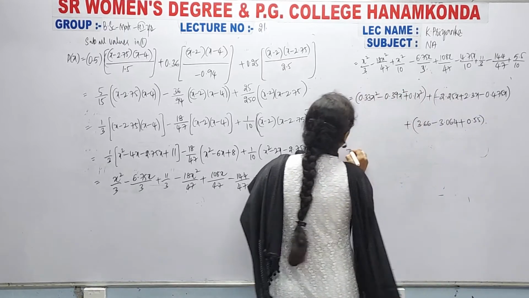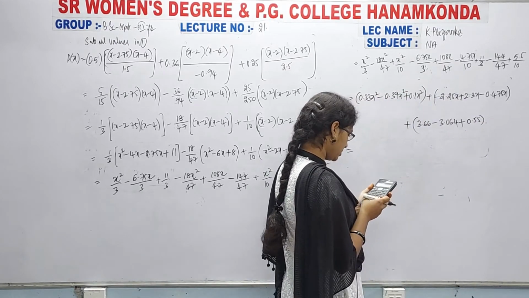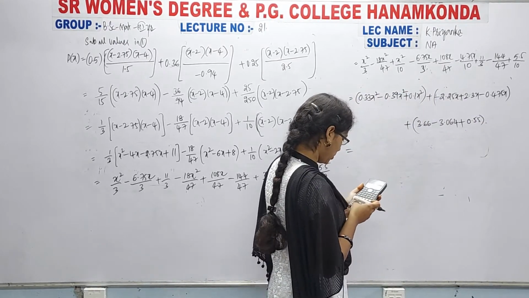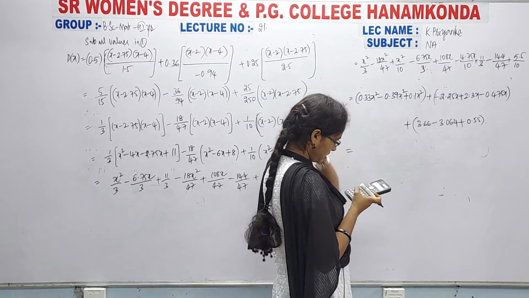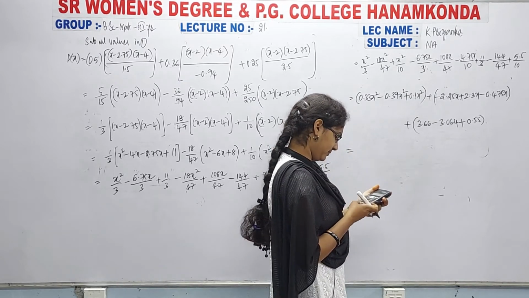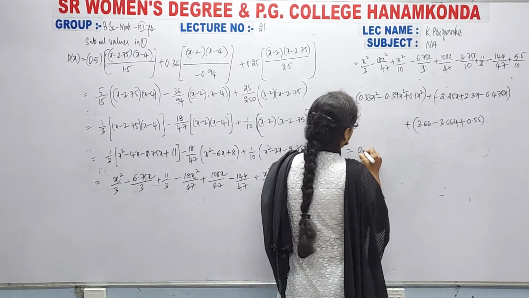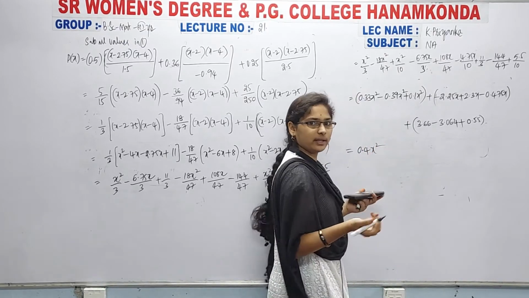Okay, that's it. Now directly 0.33 minus 0.39 plus 0.1, 0.04 x square, that's it.